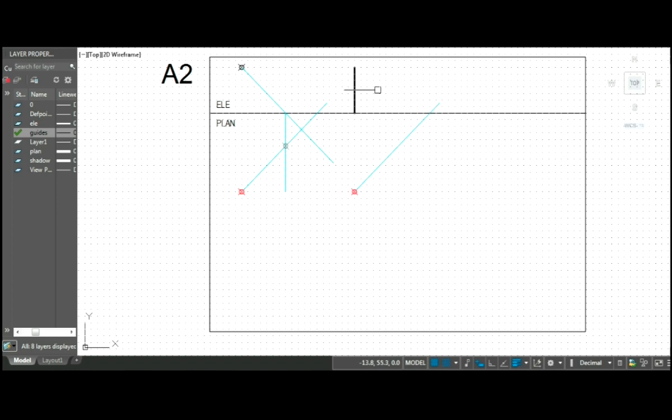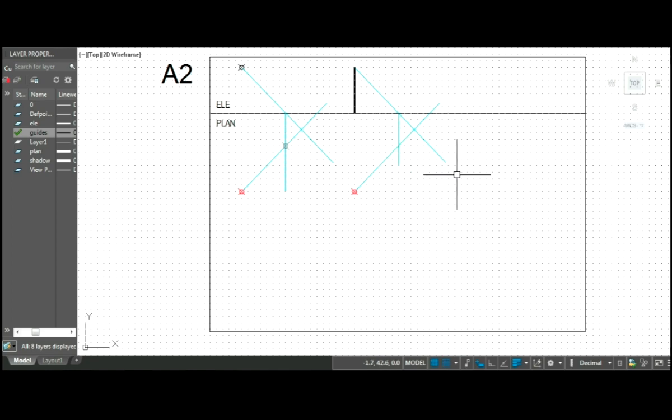Similarly, let us also draw a line from the top of the line downwards, cutting across the ground plane at 45 degrees. So like we did earlier, the light ray that is cutting the ground line first, at the intersection point we will be drawing a vertical downwards such that it intersects with the other light ray.